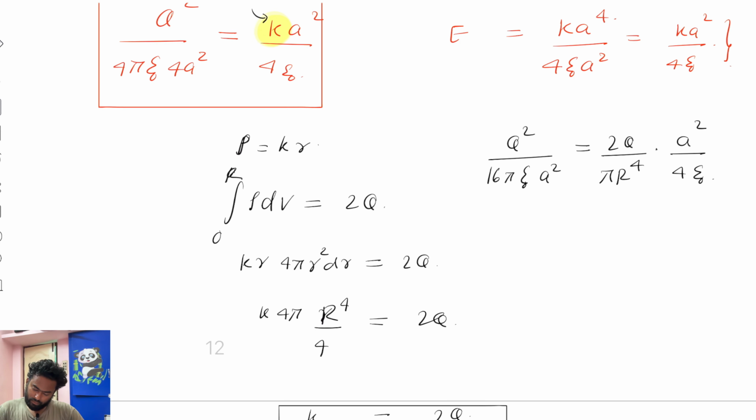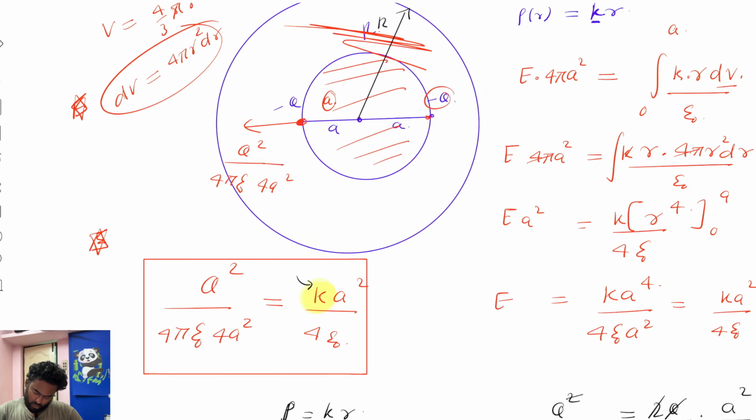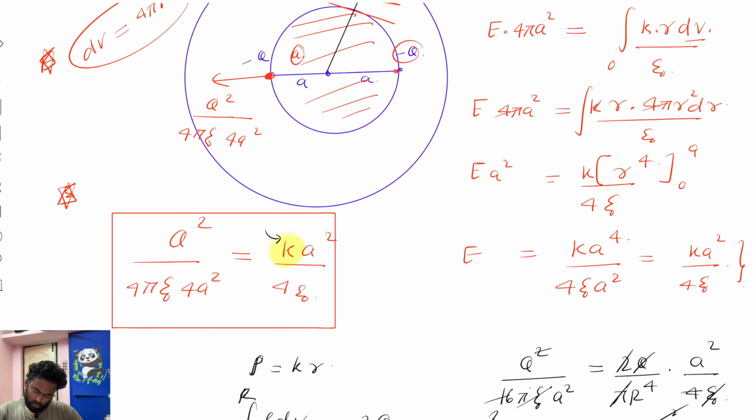Okay, so see here, pi and epsilon naught cancel, 2 into 4 gives 8 will come here, and one q will get cancelled. I think both charges should get cancelled now.